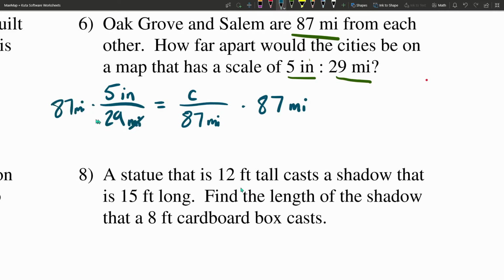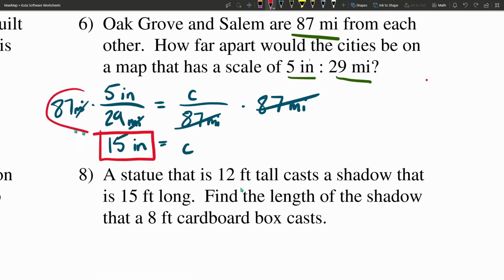When we do this, notice that the miles gets canceled out, so we're left with inches on our left-hand side. So c is just going to be equal to 87 times 5 divided by 29. And actually, 29 goes evenly into 87 3 times. So this is just going to be 3 times 5, which is 15 inches.